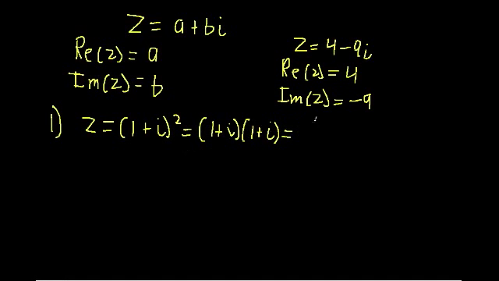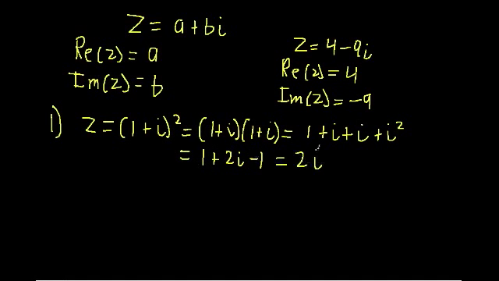That's going to be equal to 1 plus i plus i plus i squared. And we know that i squared is equal to negative 1, so we can rewrite this as 1 plus 2i plus negative 1. And in this case, the 1 cancels with a negative 1, so this whole entire thing reduces down to 2i.